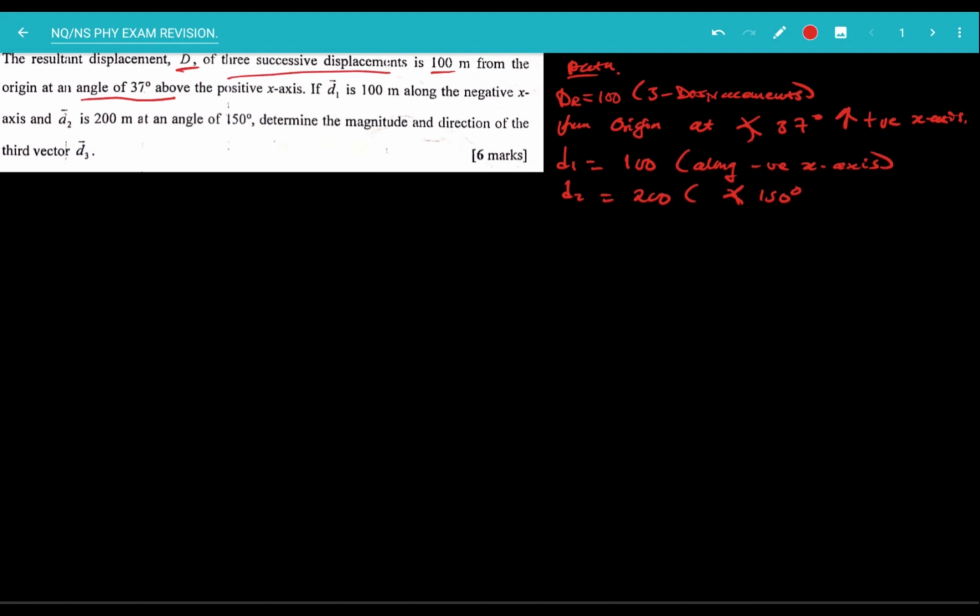I've been told to determine the magnitude and direction of the third vector, D3. So D3, we don't know the magnitude, and the angle we also don't know. So let's try and find the magnitude and the angle.